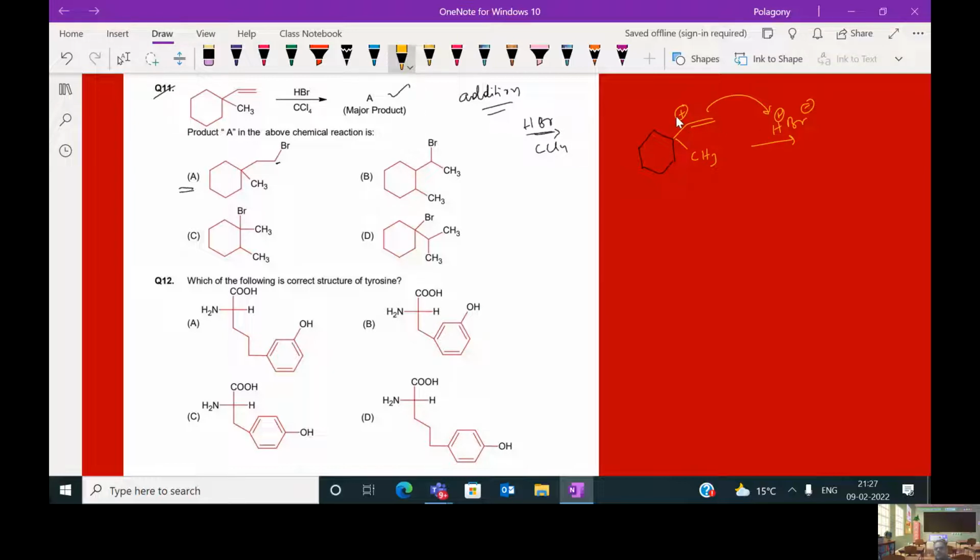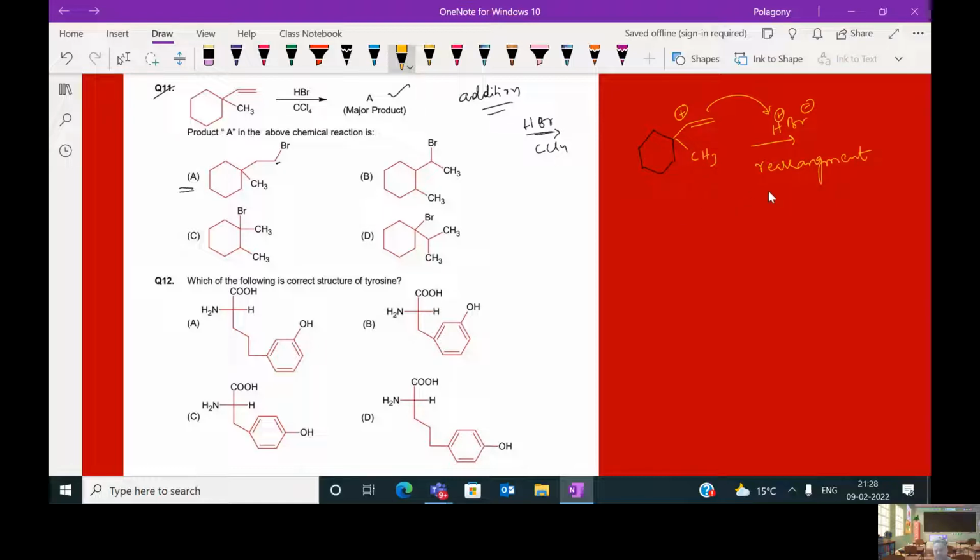Here is a 2-degree carbon, and here is a 3-degree carbon. This addition reaction will go through a rearrangement process.